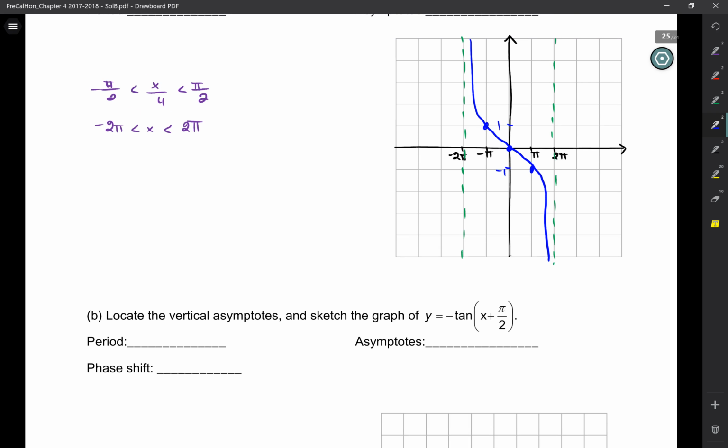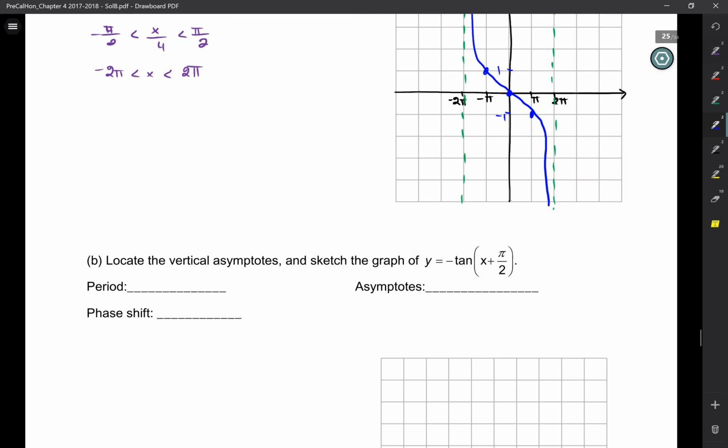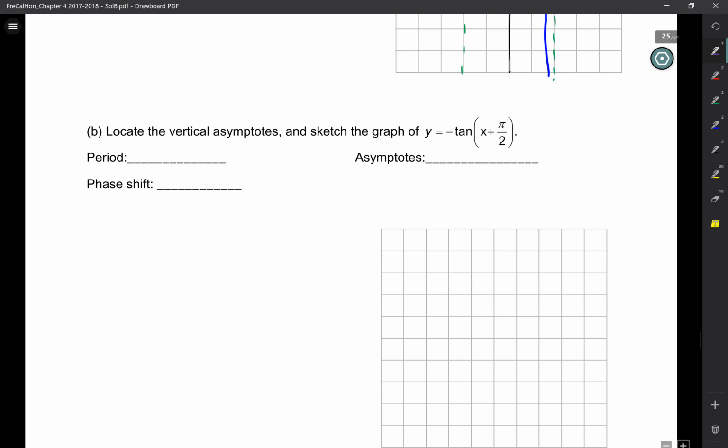Now, let's do one with a phase shift. The period is what? Just pi because b is equal to 1, right? Okay, the phase shift, we're going to do x plus pi over 2 is equal to 0, just like we did before. So x equals negative pi over 2.